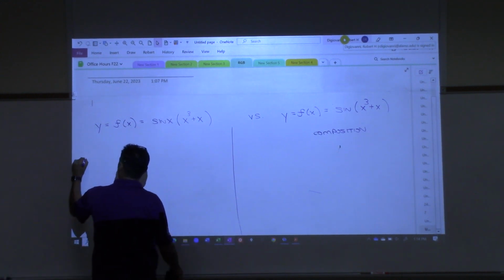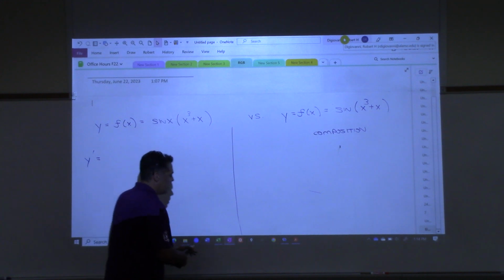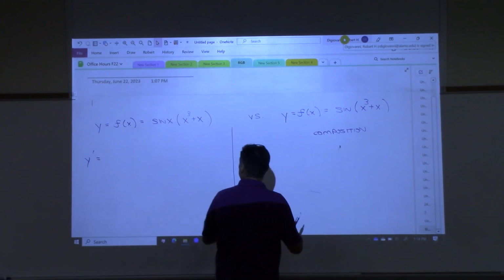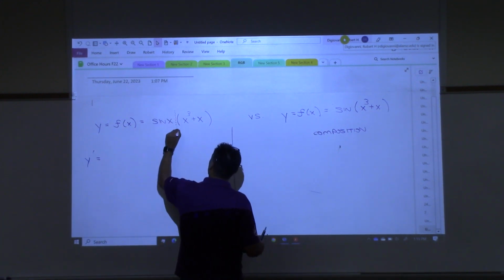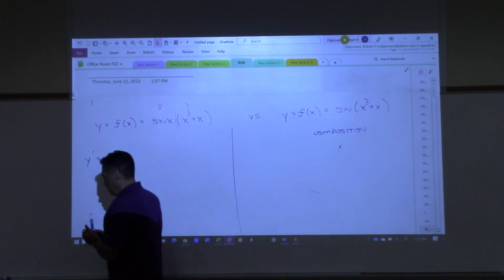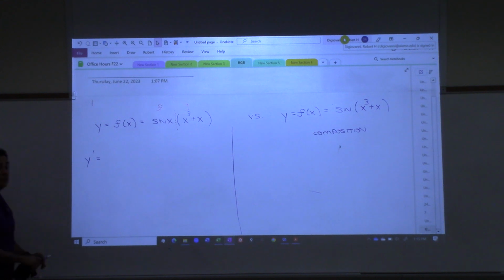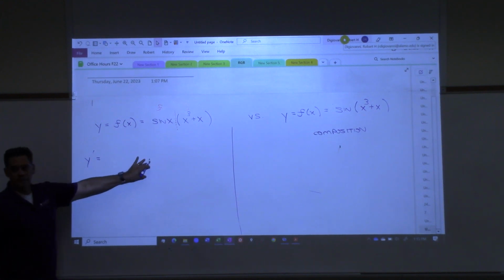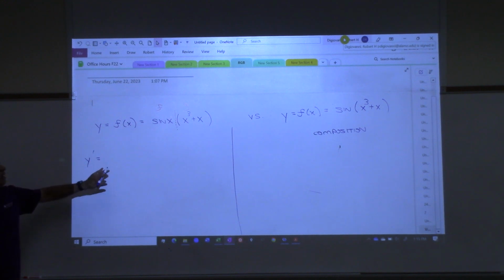If I ask you to take the derivative of this, we are going to look at that as a product. Call this your f function, your g. So who wants to tell me what the first piece of this is going to be? f prime. So what for us, that's what? Sine x derivative.